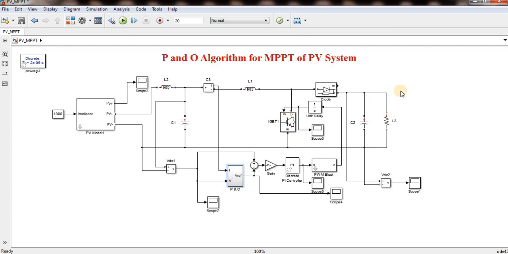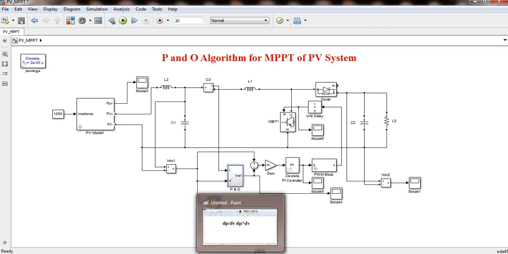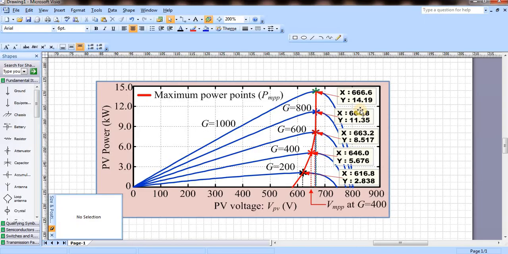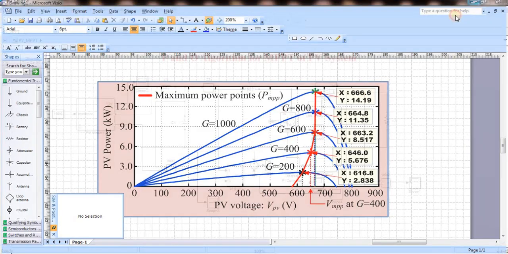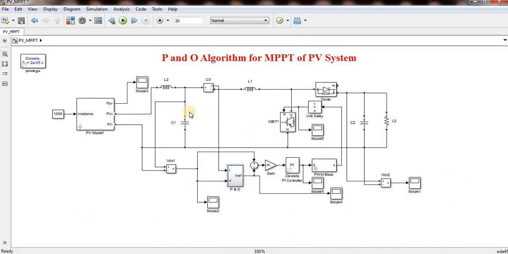See, if it is an inverter or whatever may be, you cannot increase your voltage if you select a buck converter. If your VMPP is, let us assume, 660 volts, then you can't go beyond 660 at the output of your buck converter.